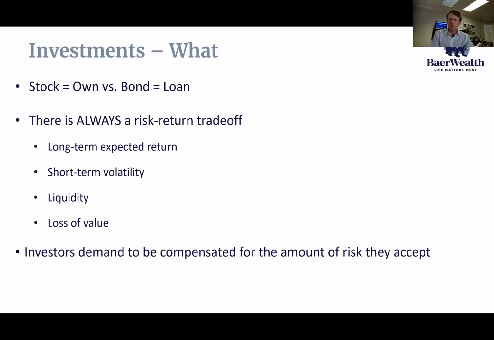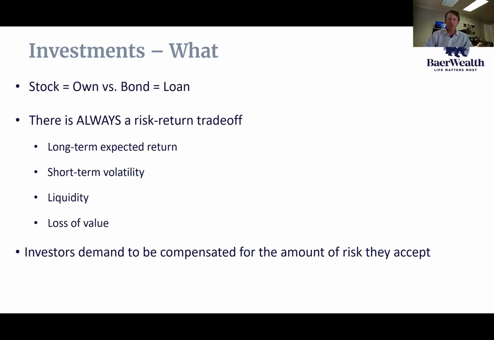You give up the short-term volatility for the higher expected reward over time. That's just something to always be thinking about: if you expect to get a good return, you've got to be willing to accept the risk associated with that. And sometimes that risk means you will never get your money. You might lose all of it.